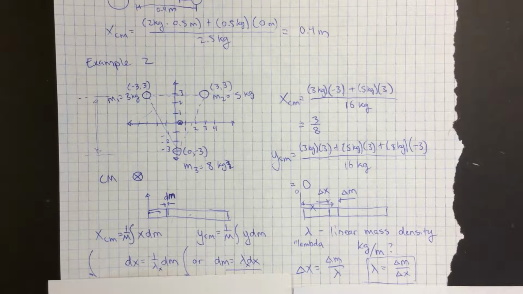Your linear mass density is how much mass you have in each slice. Right? If it's uniform, this should be true everywhere. Like 1 kilogram per 1 meter is the same as 0.1 kilograms per 0.1 meter, so on and so forth, right?